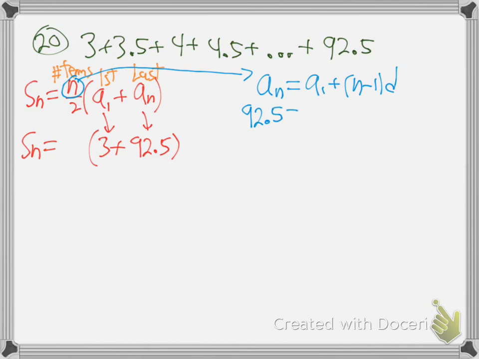So 92.5 is the first term, 3 plus n minus 1 times the D. And what's the difference? What's the D? 1/2. Yeah, it's going up by 0.5 every time. It's adding 0.5. So that's the D. And then distribute that.